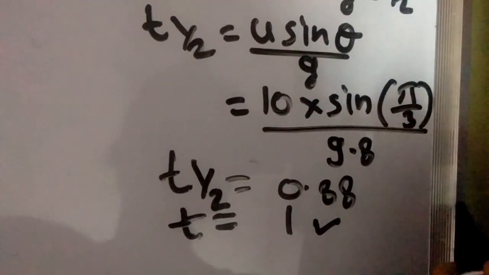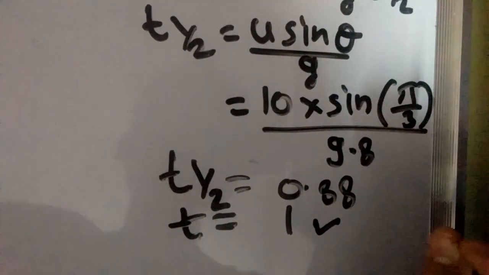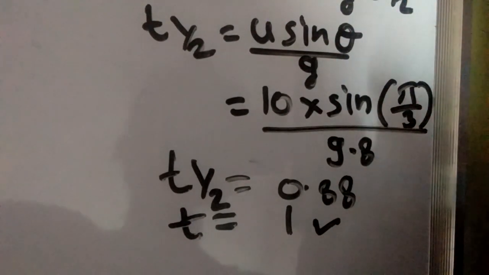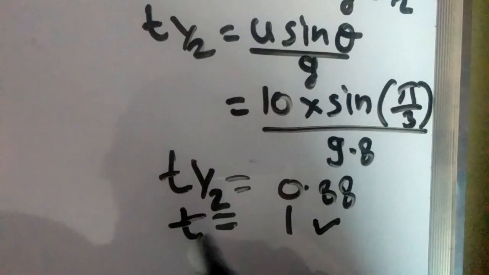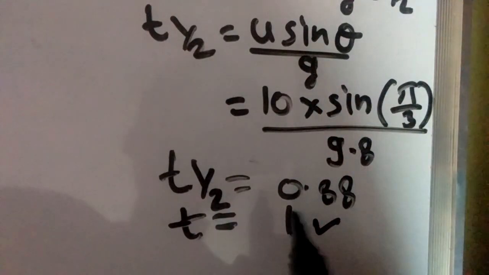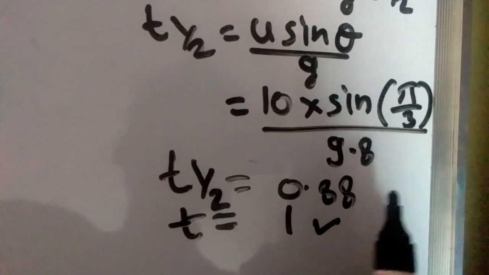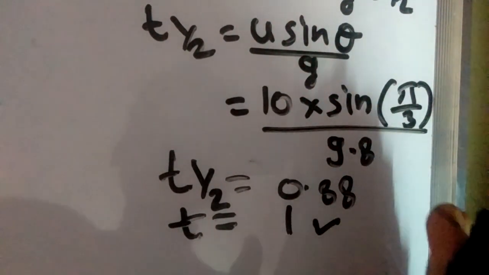Now 0.88 is the time required for half of the journey, so 1 will be more than 0.88, which means the particle has covered more than half of the journey. So actually our position is after A, after t half.